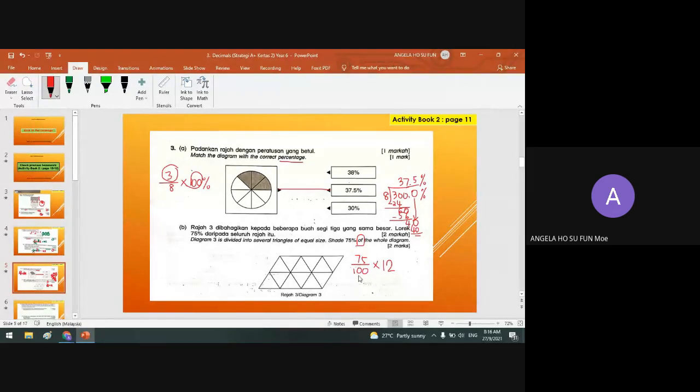So 75 and 100, there's a very common link. That is, you can divide by 25, right? Let's say here, timetable of 25, 25 times 3 is 75, 25 times 4 is 100. Then you see already, when you simplify this, 75 over 100 become 3 over 4.